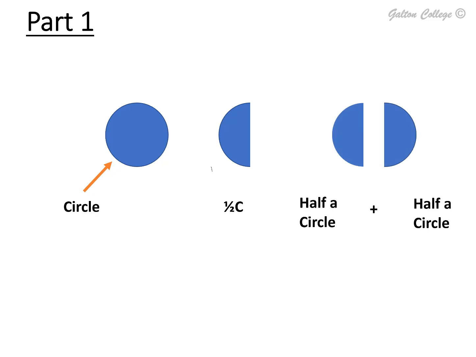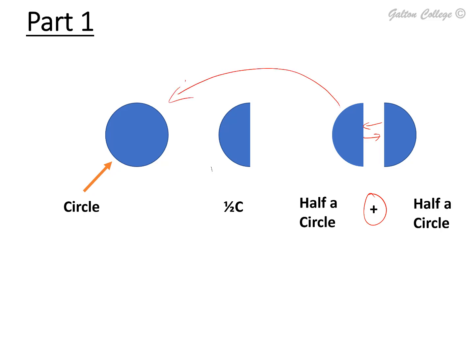And if we have two halves to a circle, as we have here, except we've separated them out, if we add the two together, if we use our add and, in a sense, pull these two together, we'd end up with the circle.